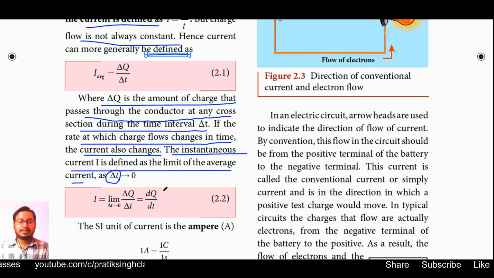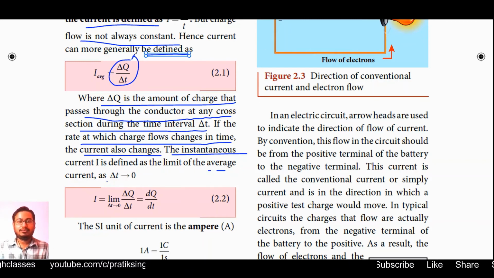So dq by dt is called instantaneous current, and del q by del t is called average current. In equation 2.2, the correct way to read it is: I is equal to limit del q by del t, where del t tends to 0.